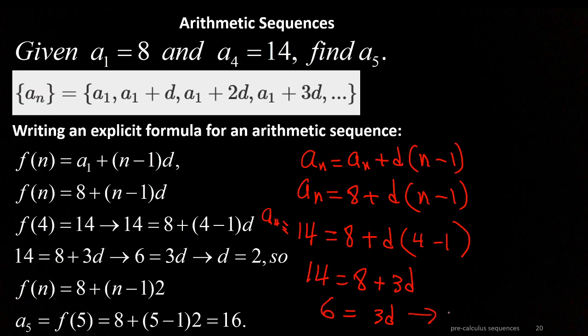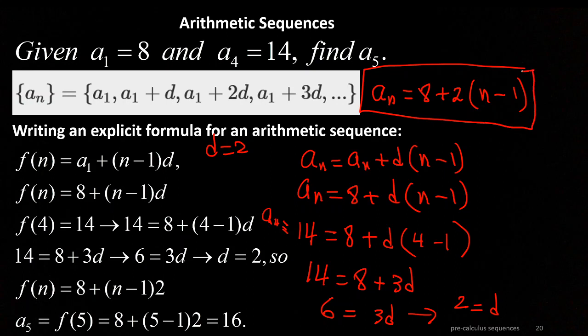So that means d is 2. So we got d, and we got this formula here. So now we have a complete picture of what's going on here. There. That's the formula for this arithmetic sequence.